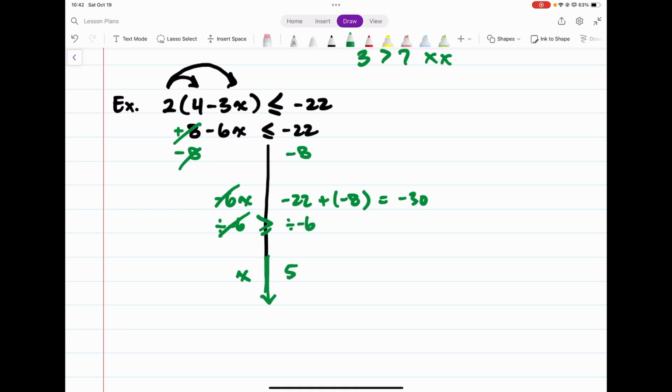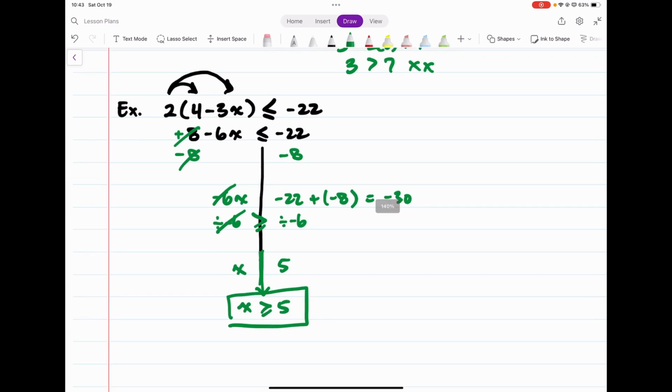So bring that symbol down, and then x must be greater than or equal to 5. That should be your answer there. All right, you could test it out, put it in there, and see if it's true or not. If it does have the equal sign, you can put the 5 in there just to see if it works. But you could always choose a number that is greater than or equal to 5. All right, that is it.